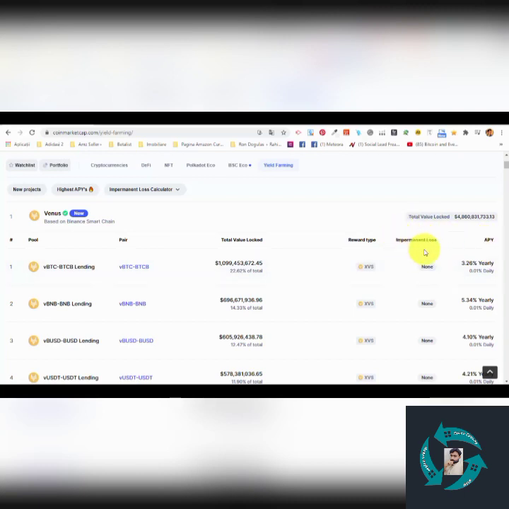We have this indicator which says impermanent loss, so the risk of impermanent loss, and the reward type, basically what you are earning. You are earning a percentage of this, so this is the type of token or coin or cryptocurrency that you are going to earn.